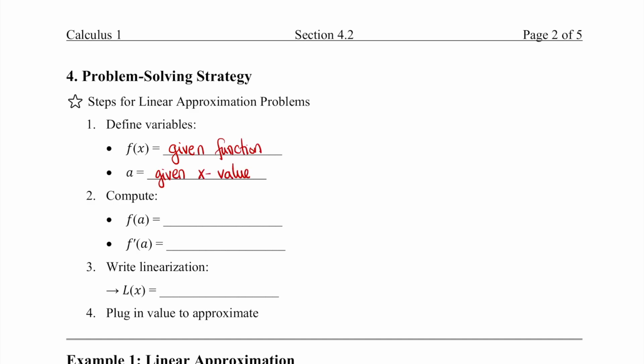Step 2, we compute. To find f of a, we plug a into the function. To find f prime of a, we need to take the derivative, then plug in a.